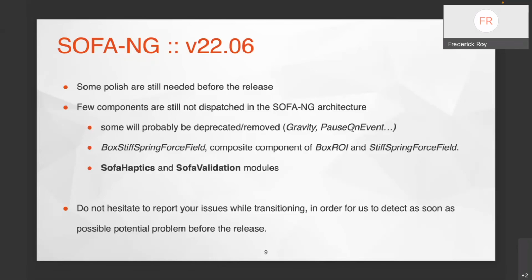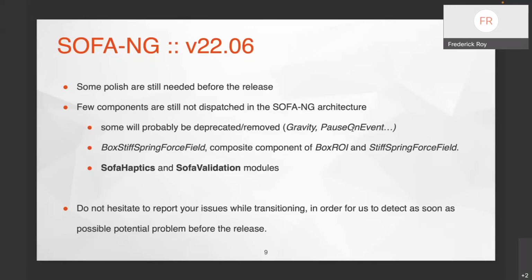Box if springs force field is just a box array, and with the output of the box array it creates springs using the spring force field. So you couldn't put it into the spring component because it needs the box array, so there is a dependency problem. So maybe I'm thinking of doing a sofa.meta component or something like that. We still have to discuss that.